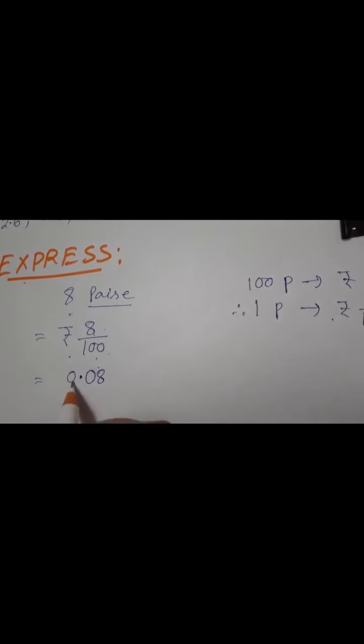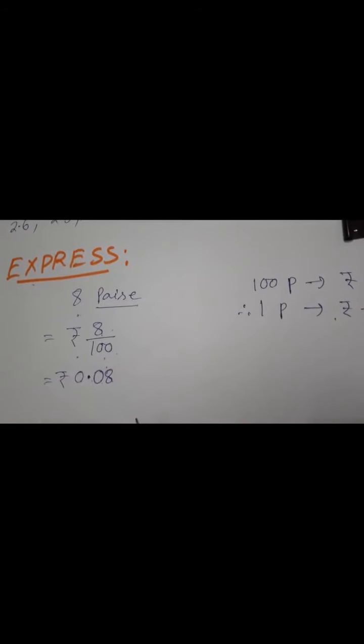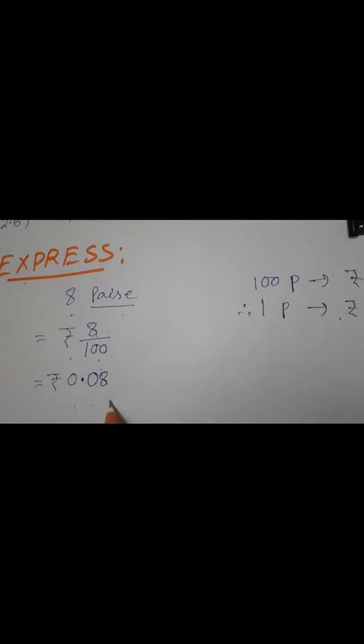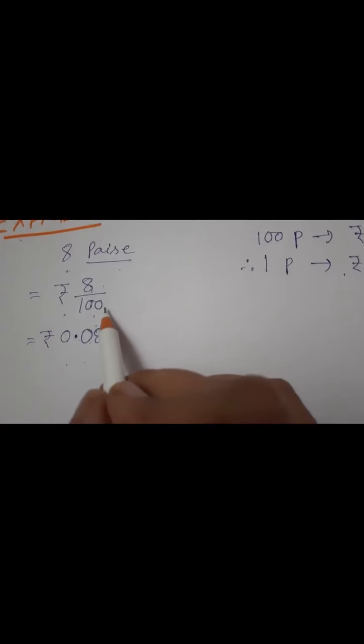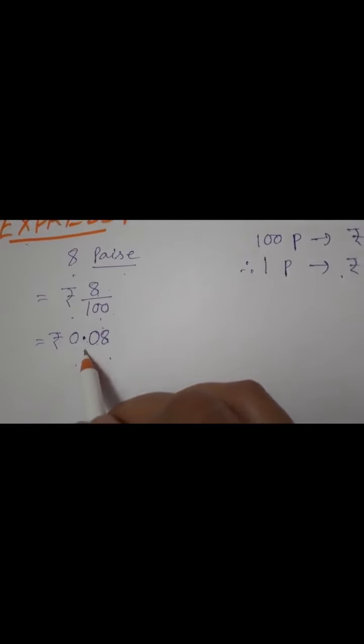That's why we write 0.08 rupees. So we can convert paise in this way. Here 8 paise comes to 0.08. Basically if 100, 1,000, or 10,000 is there in the denominator, then we can easily count the zeros and put the decimal point in this way.